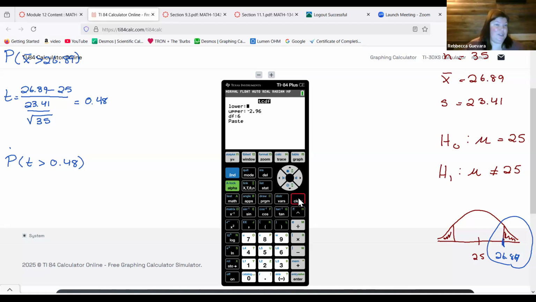It's bound between the t-scores. So it is bound between 0.48 and infinity, so just an extremely large number in there. We had a sample size of 35, so we have 34 degrees of freedom.